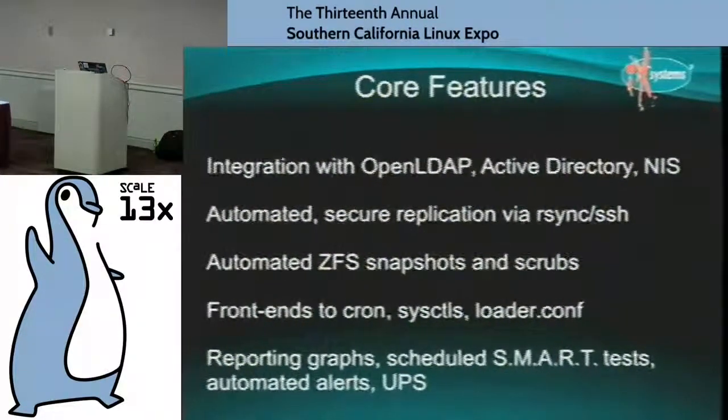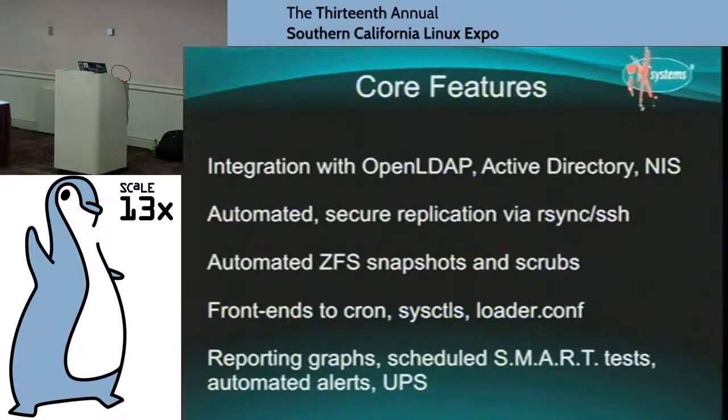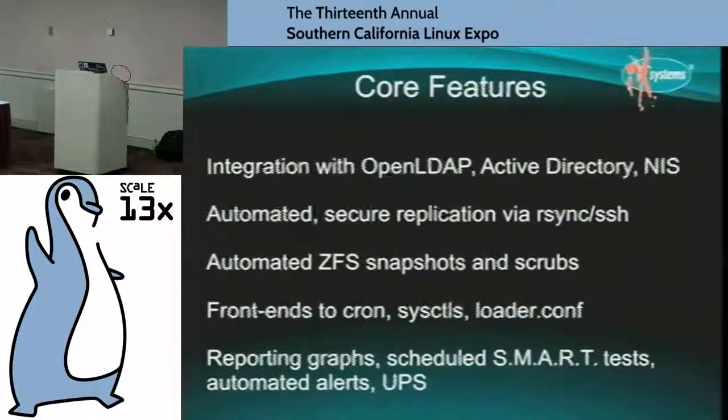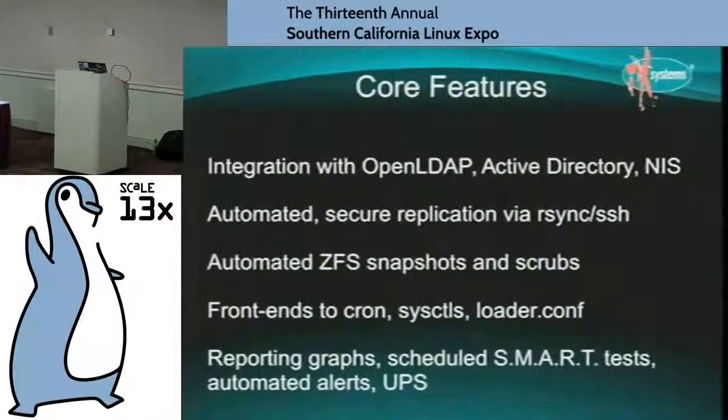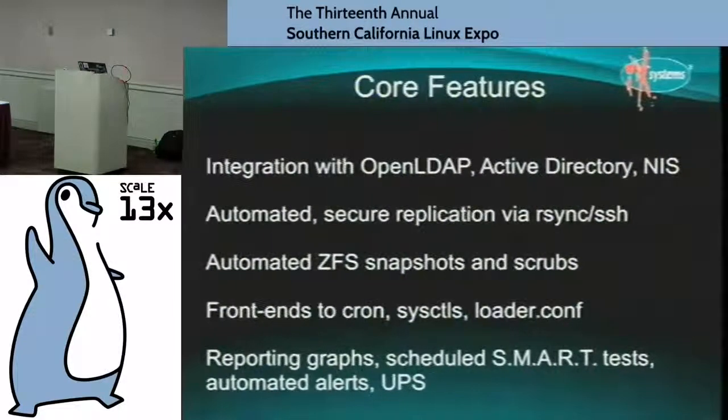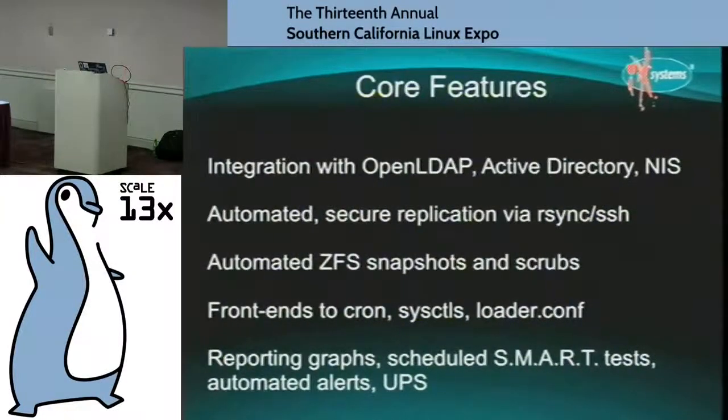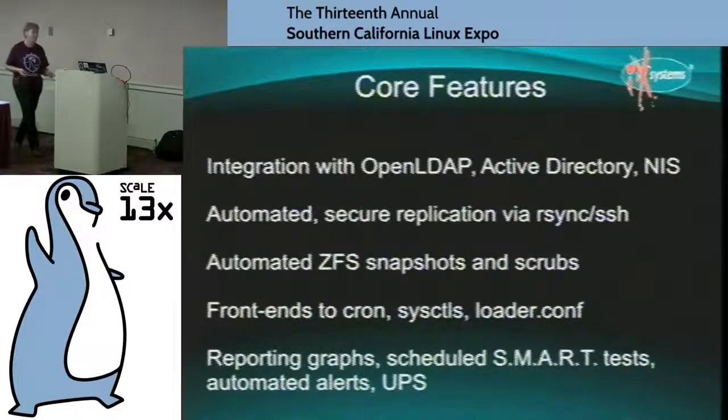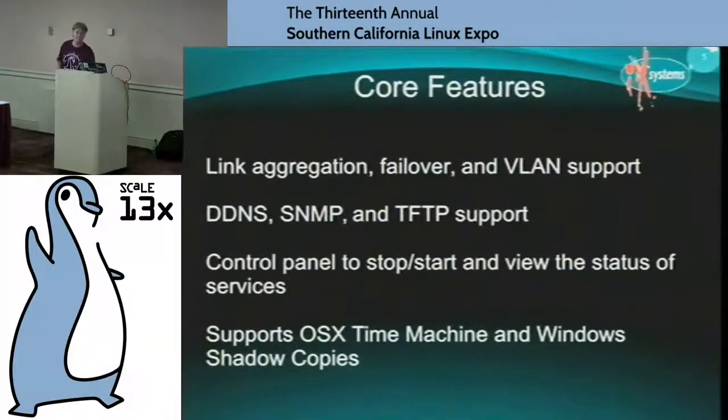So we have in our graphical user interface ways to easily set those up. We also have reporting graphs that will let you know your disk usage, your CPU usage, your network stacks. If your drives are smart capable, you can schedule your smart tests. And we also have an automated alert system, and we support UPSs.